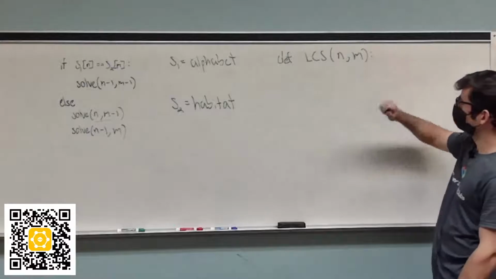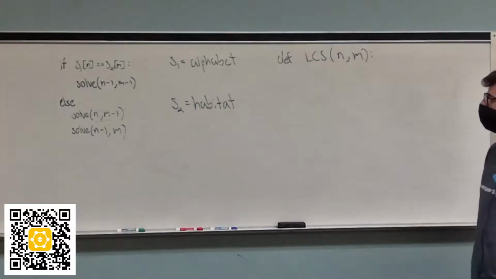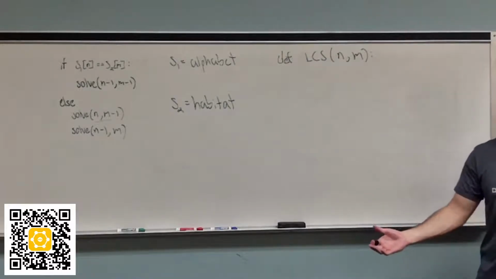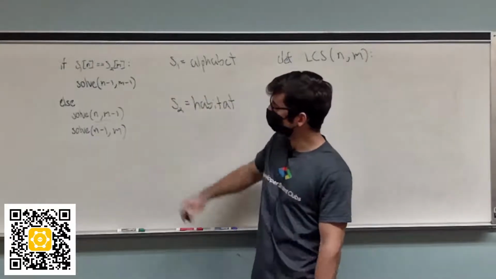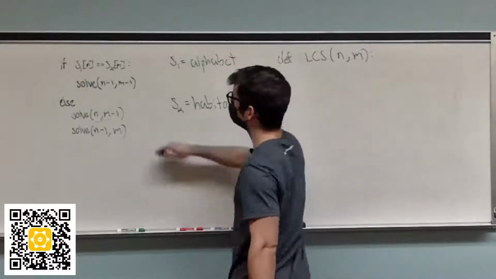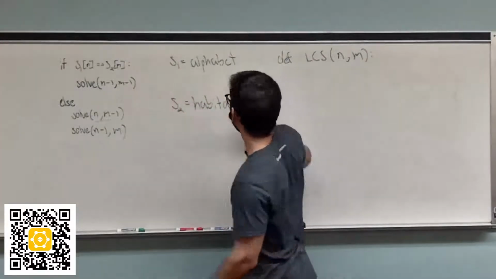So we made our function. We call it LCS. It has two arguments, n and m. We all agree that this would be recursive, right? And we kind of have an idea of what to do. So let's say they do match. Let's write that down. This is pretty simple in itself. So we can actually just copy this and put it over here.